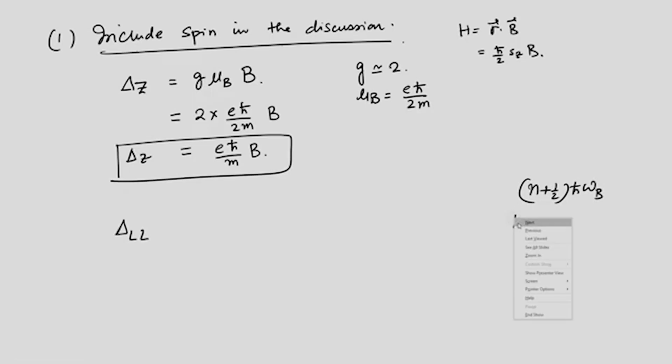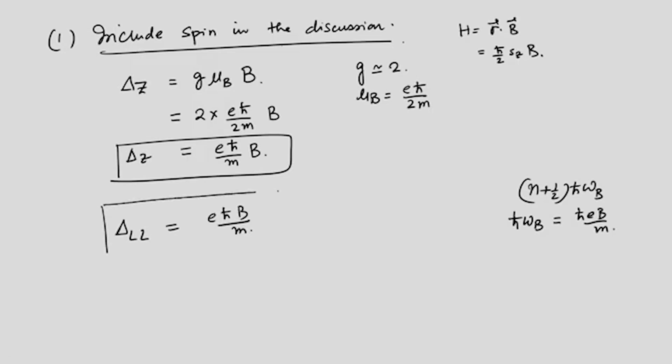The distance between them, I mean the energy difference between them, is H cross omega B, and omega B is nothing but EB over M. Okay, now this is what we have learned. So delta LL is also E H cross B over M. So delta Z and delta LL, which we have already done, are exactly the same.